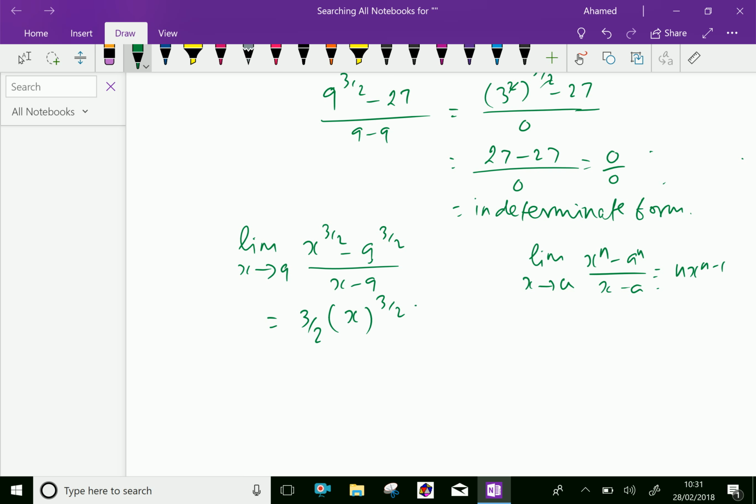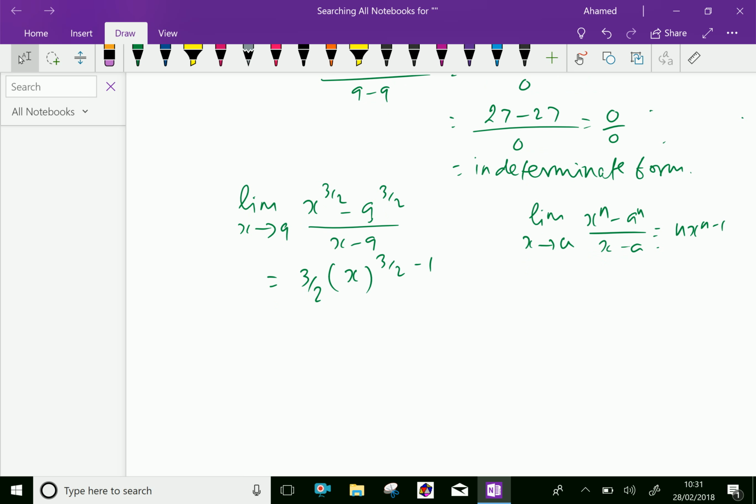Since x tends to 9, we put 9 instead of x. So we have 3 by 2 into 9^(1/2), and 9 power half is 3. So the answer is 9 by 2. We have done.